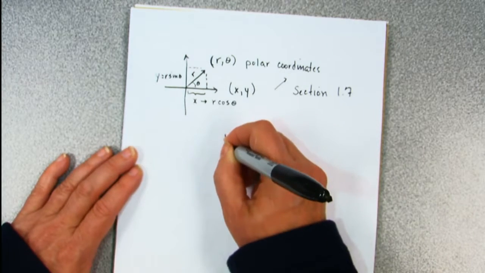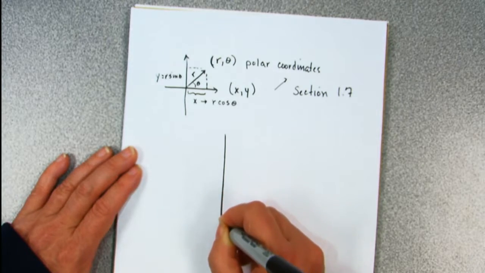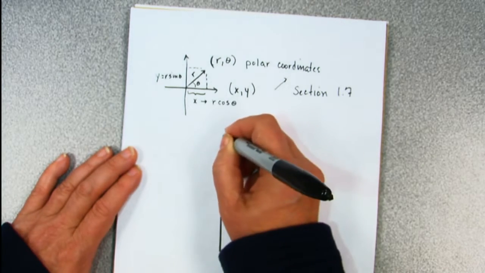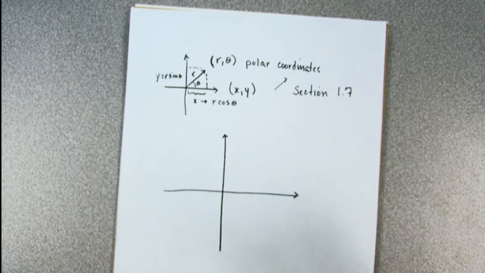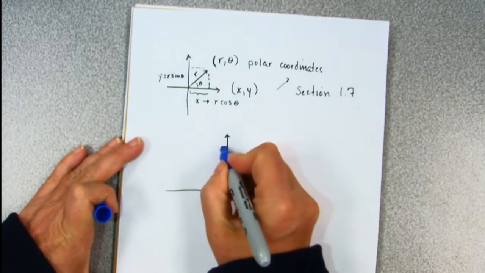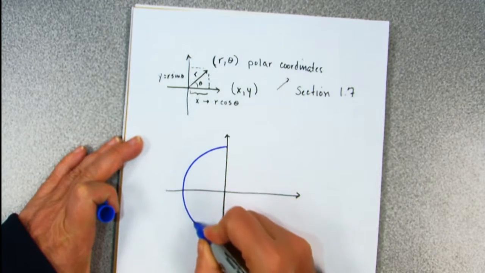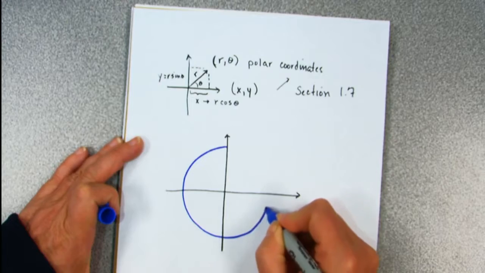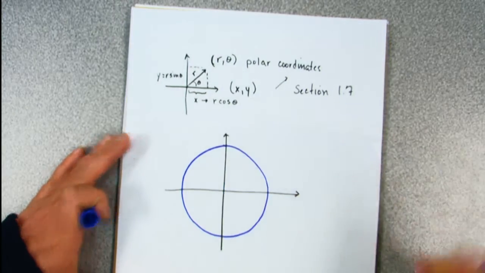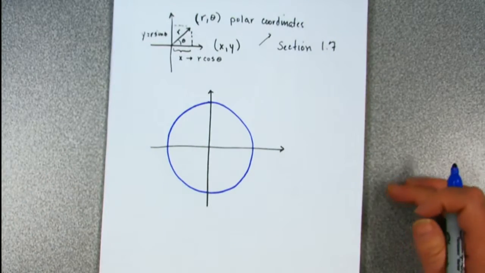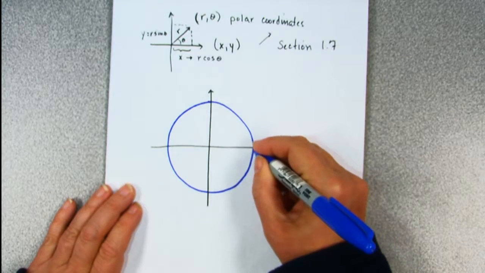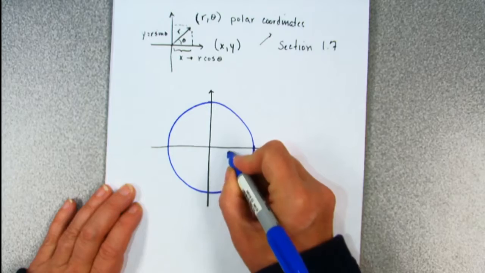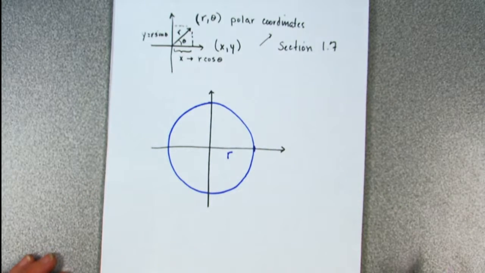But let's look at this for a little bit, because I want to introduce a couple of different things. So if I've got my x and y coordinate system, and I'm going to use a different color, and I have a lovely circle, we can actually call this a unit circle, where this is the radius of my circle.